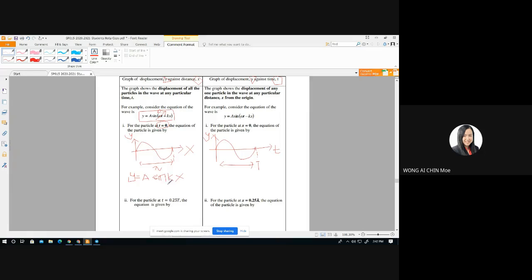From this graph that we draw, we know that k equals 2 pi over lambda. So you can find your lambda or your k from the graph.